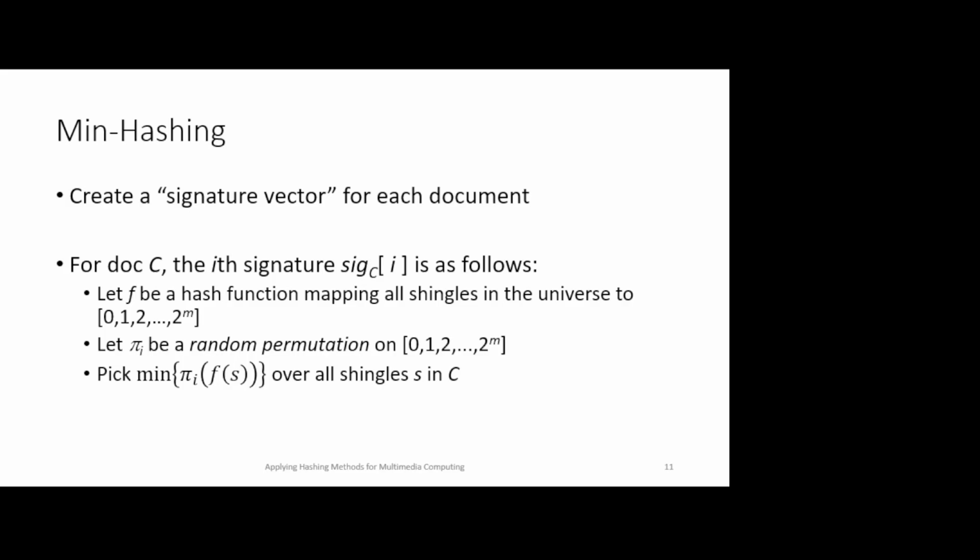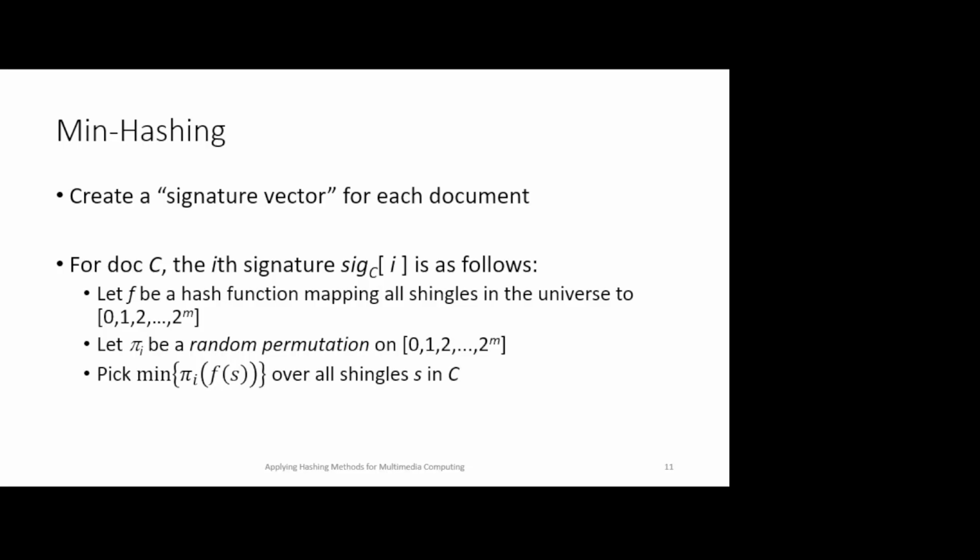Here we define f as the hash function. It will map the shingles into a universe from 0 to 2 to the n.